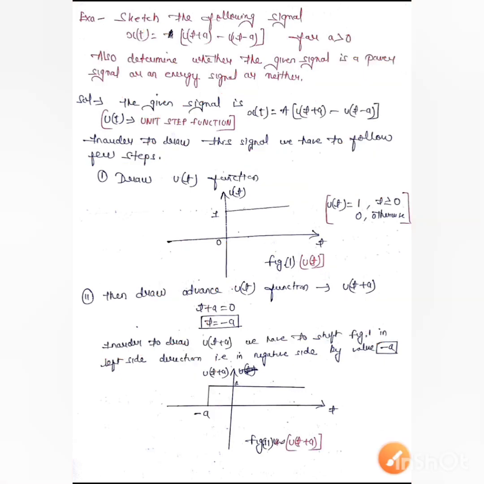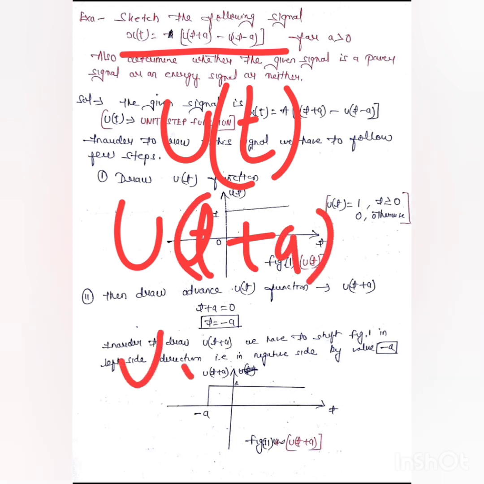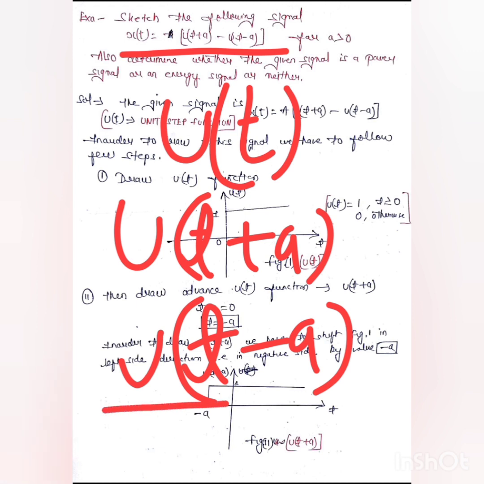Then we have to sketch the given signal u(t plus a) minus u(t minus a). First of all, I will explain what u(t plus a) and u(t minus a) are. u(t minus a) is a delayed version of u(t), that means u(t) is delayed by a.